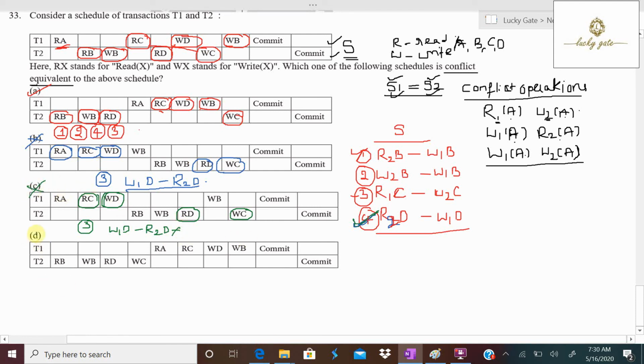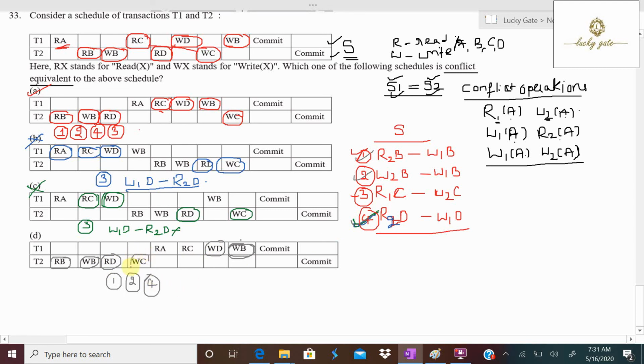Now coming to option D. The conflict here is read 2B conflicting with write 1B. The first conflict is there. And write 2B conflicts with write 1B. That is conflict 2, so the second conflict is also present. And read 2D conflicts with write 1D. That is the fourth conflict, also present.